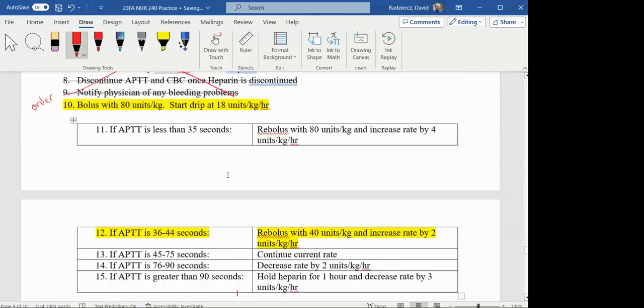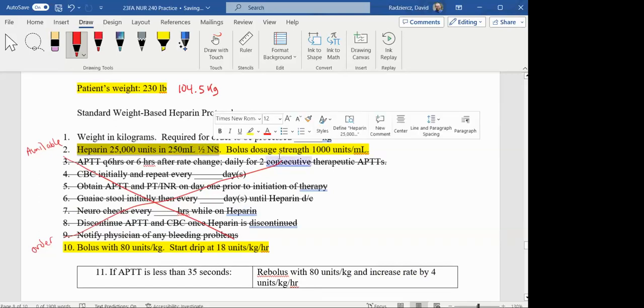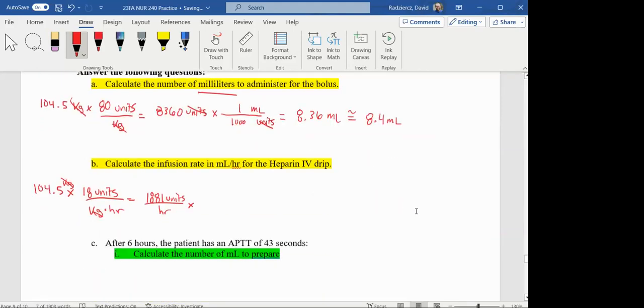So I'm just going to go back. I need to know what my IV is. My IV is heparin, 25,000 units, and then 250 milliliters, half normal saline. So again, just like I talked through the bolus, I don't want units.